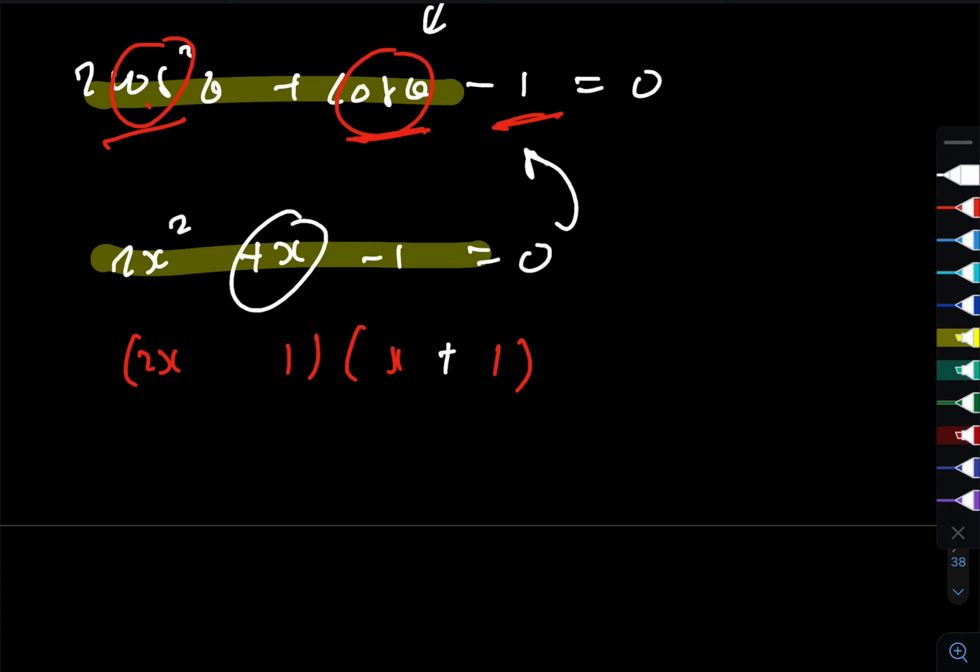So if my middle term is going to be positive, then 2 times 1 should be the one which is positive. If I subtract 1 from it, I'm going to get 1, in that case, 1x. So all I need to do is to replace, in the places of x, my cosine ratio. As simple as that.